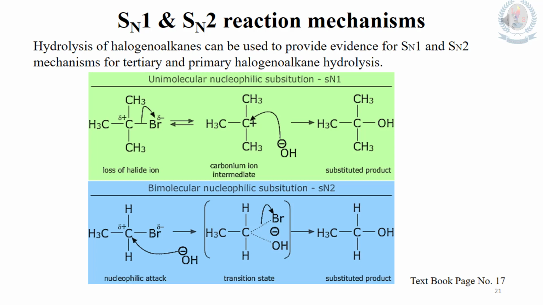But if you consider the SN2 mechanism, both steps happen in a single step. First OH minus is coming to carbon delta plus, and at the same time the C and Br bond is also breaking.